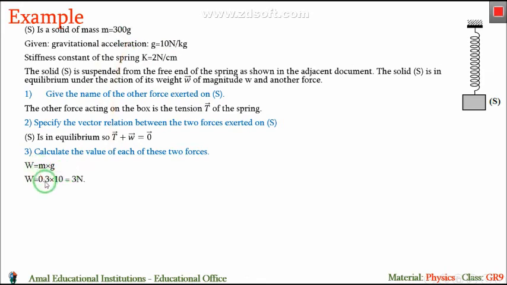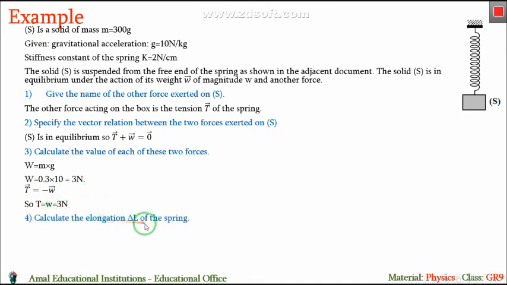The mass will be equal to 0.3 and the gravity is 10, so the weight will be 3 Newton. Since the body is at equilibrium, both forces must be equal in magnitude, so T vector is equal to minus W vector, as in magnitude the tension force and the weight force are equal, so the tension force is equal to 3 Newton.